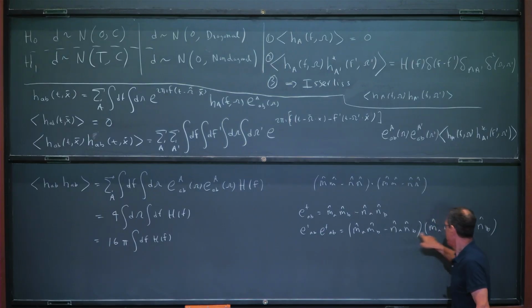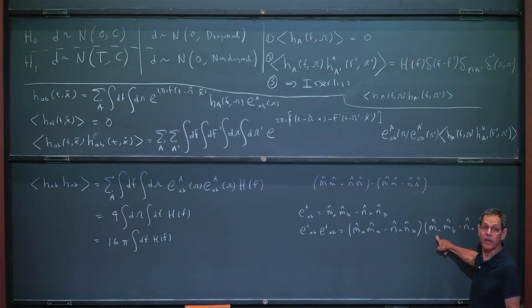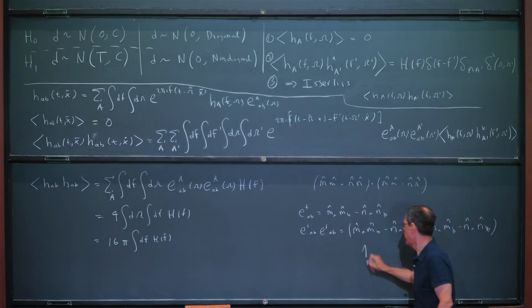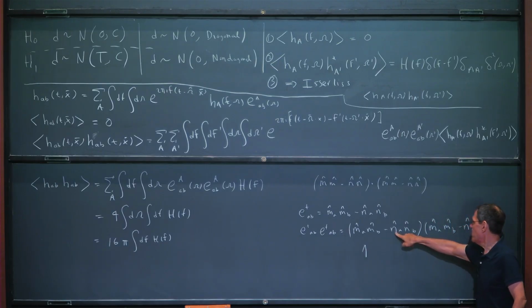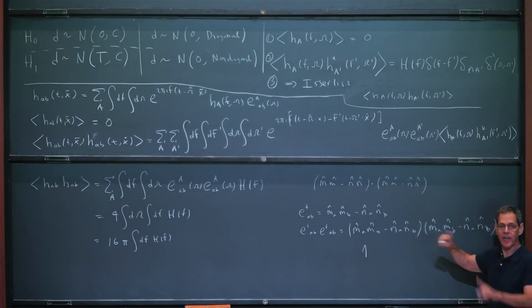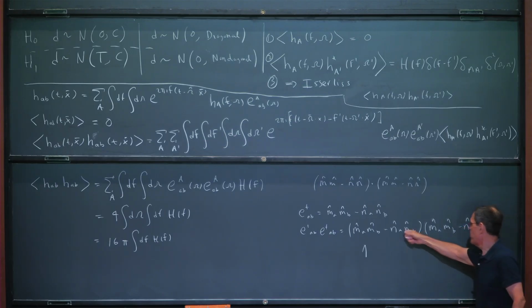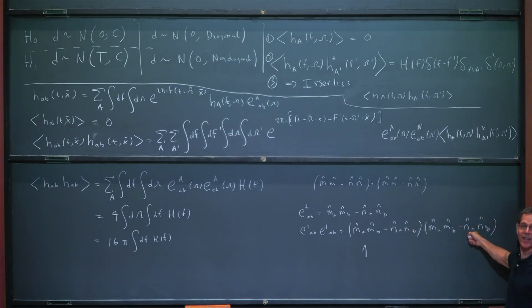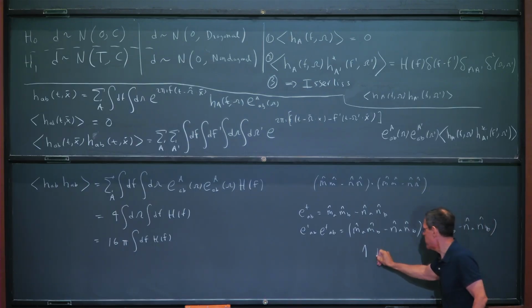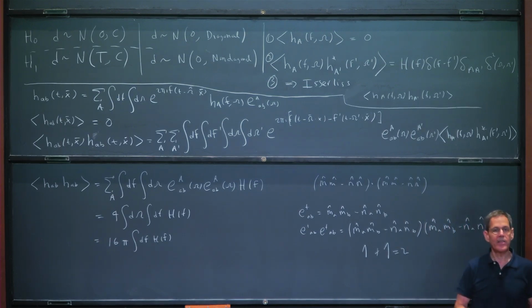This is just m hat dotted into m hat, which is 1. And that's m hat dotted into m hat, which is also 1. So we get a 1 from there. This cross term is n hat dotted into m hat, but n hat and m hat are perpendicular, so that gives 0. This term dotted into that one is, again, n hat dot n hat squared, also 1. So we just get 1 plus 1 equals 2. Okay, and the same calculation holds for the cross. You can work it out.